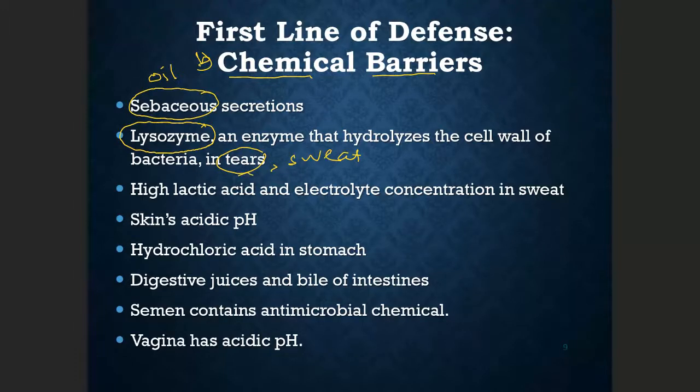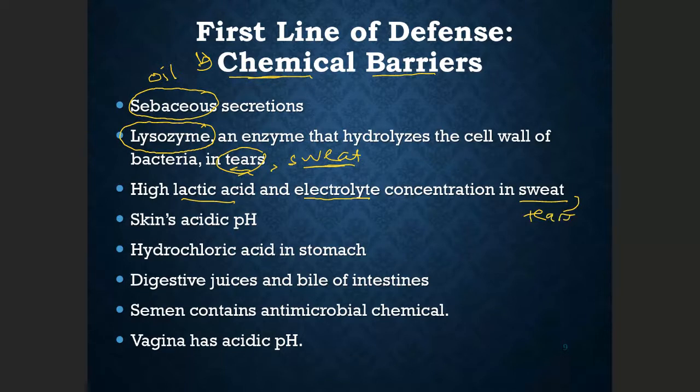The tear and the sweat themselves are part of the physical barriers, but the enzymes present in the tears and the sweat are part of the chemical barrier. So it's actually a double mechanism, physical and chemical at the same time. High lactic acid and electrolyte concentration in the sweat and the tear are also able to kill bacteria.